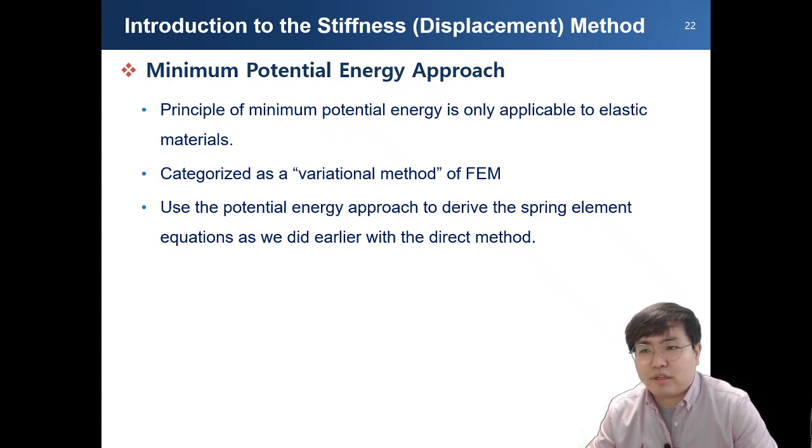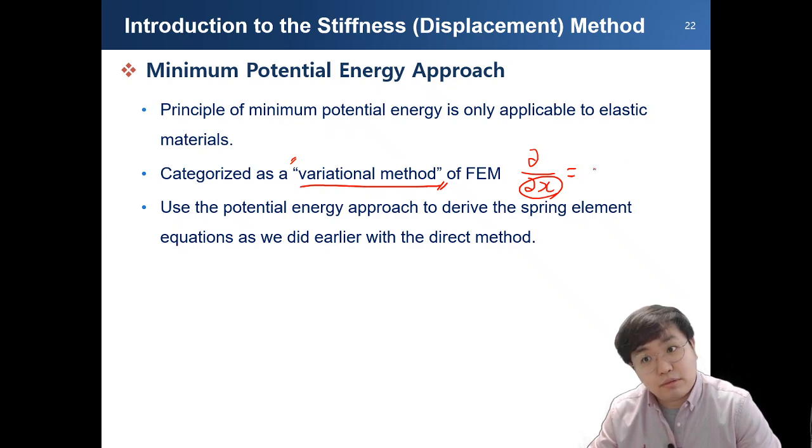However, this is a very basic approach to derive the stiffness equation in the finite element method. Normally we call it the variational method, which is normally called calculus. Variation means that we derive some equation using variation, so normally we find the derivative of the equation equal to 0.